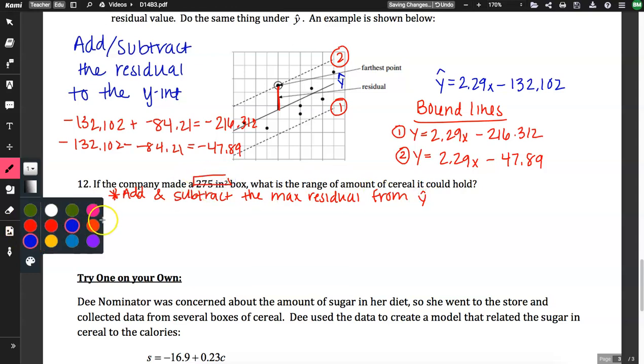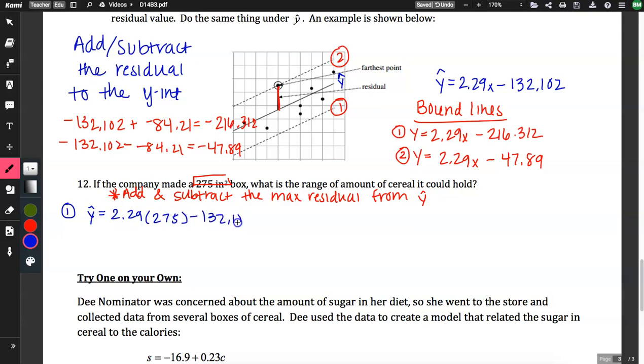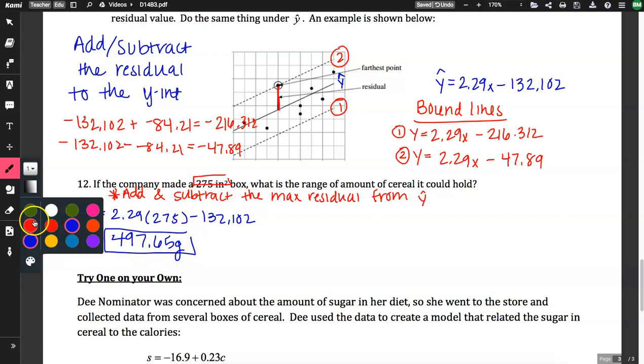That means we first have to calculate the predicted value. So 2.29 times that size box, 275, minus 132.102. Remember, this predicted value uses our linear regression, which equals 497.65 grams.